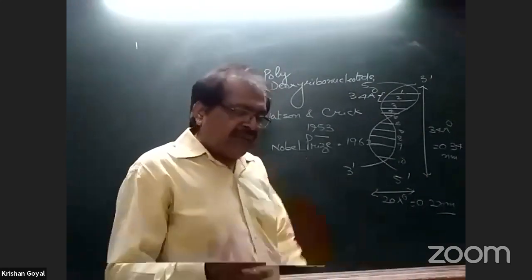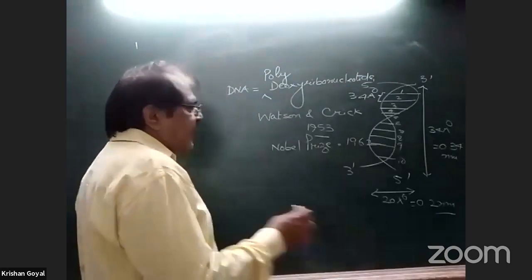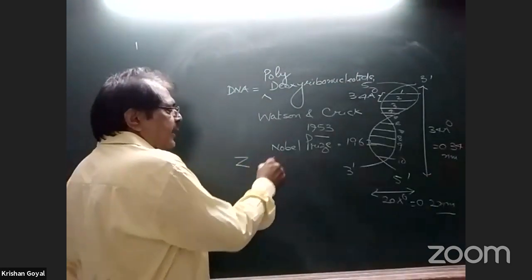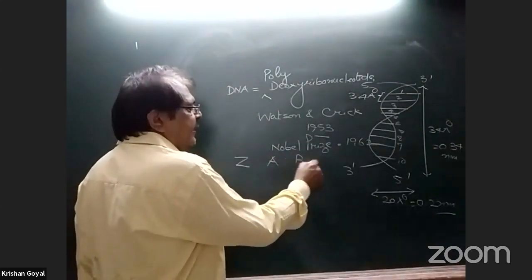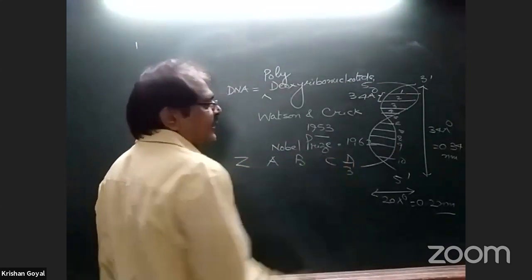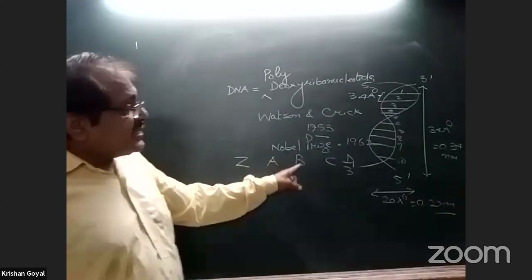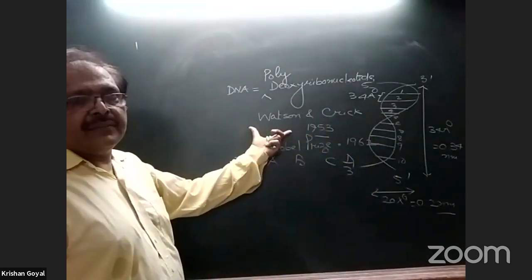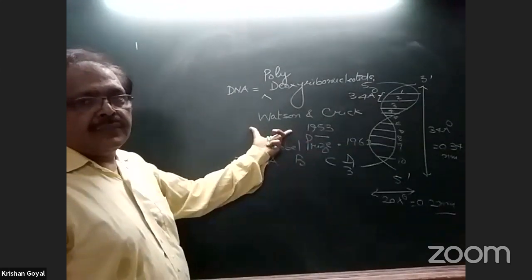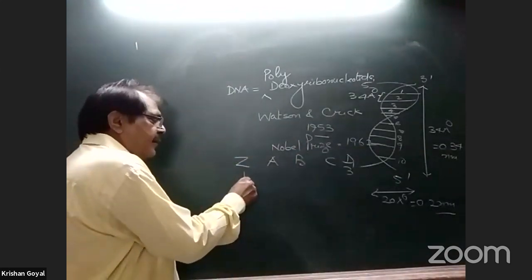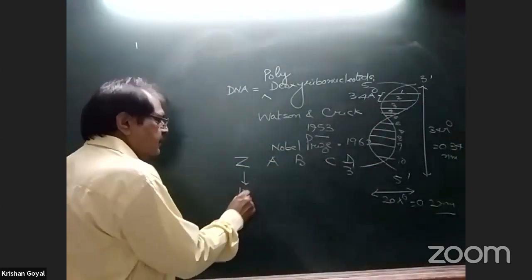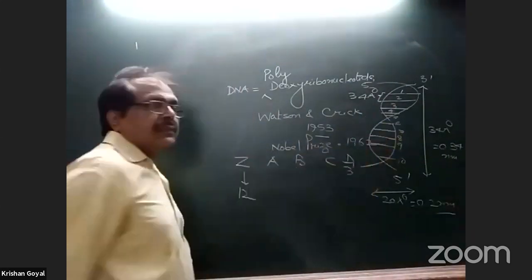And one more thing I would like to tell you, there are 5 types of DNA: zDNA, aDNA, bDNA, cDNA, dDNA. This structure is of the bDNA, which was proposed by Watson and Crick. In zDNA, there are 12 base pairs instead of 10.